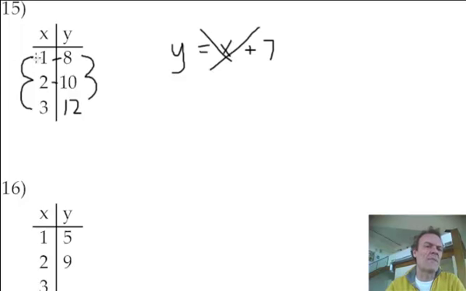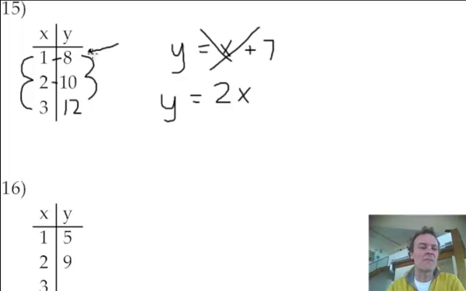Well, here's the clue. As this goes up by 1, the y is going up by 2. So, don't worry about this too much right now, it's got a slope of 2, so I'm going to write a 2 there, because it's going up by 2 each time as the x goes up by 1. Let's see if it's got a 2x instead of a 1x in the equation.